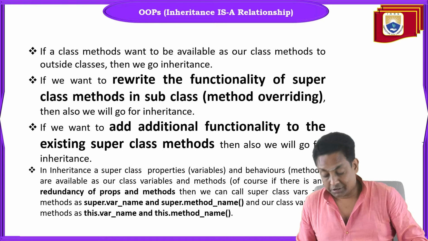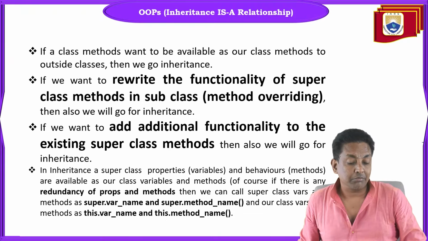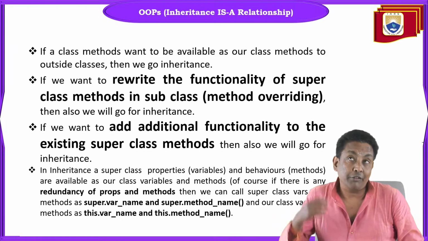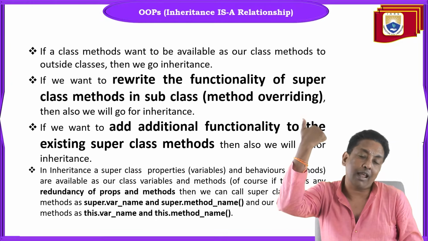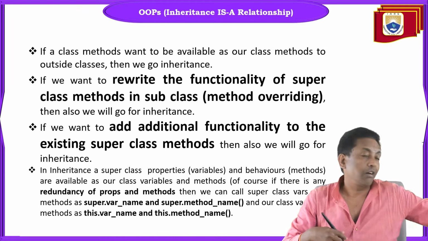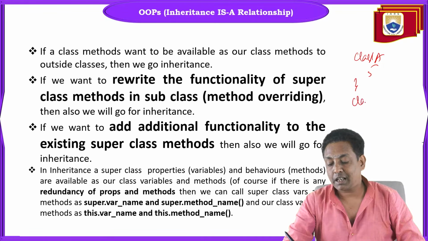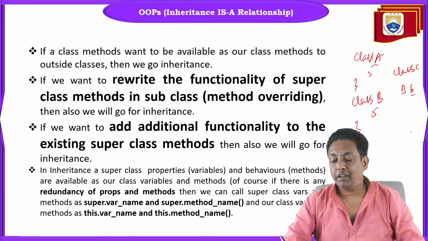So next, coming to some important points about inheritance. If a class's methods want to be available as our class's methods to outside classes, for example, as I previously told you, class A is having 5 methods, class B is having 5 methods, and class C creates an object of B. With the help of B, it can give access to 5 plus 5, 10 methods.